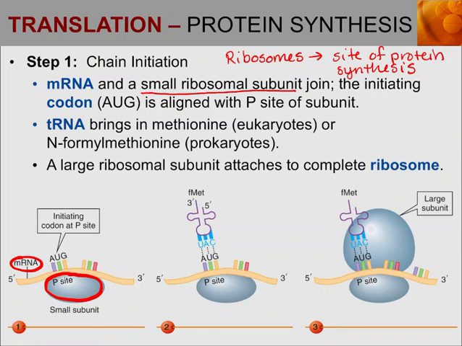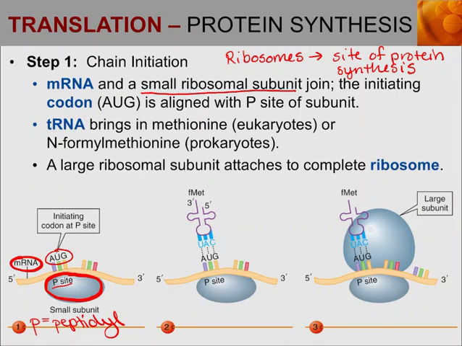So the initiating codon, AUG, is going to align with what's called the P site of our ribosome subunit. So P stands for peptidyl. So we're going to start creating a peptide, right? We're creating a protein. So P is for peptidyl.